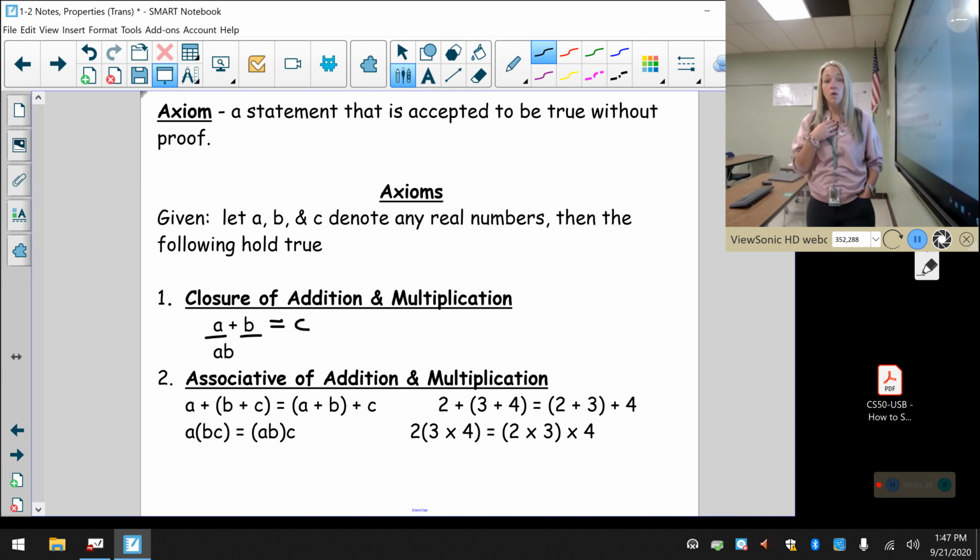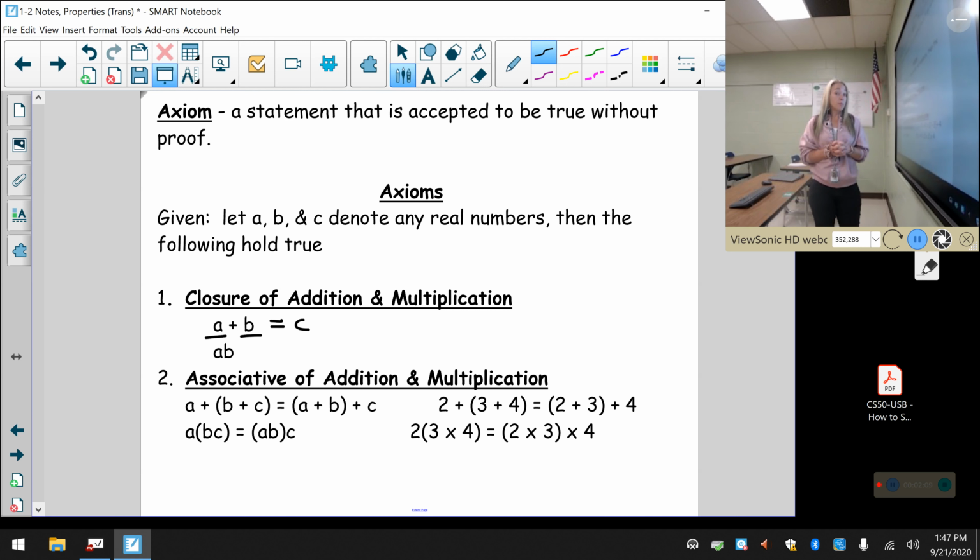The answer is no. So addition and multiplication stay within their own little world. If you get into division and subtraction, it can be different, but addition and multiplication have a closure. If you add a fraction to a fraction, the answer is going to be a fraction. If you add an integer to an integer, the answer is going to be an integer. That's what closure means.